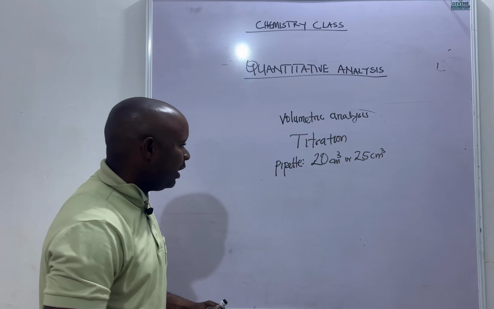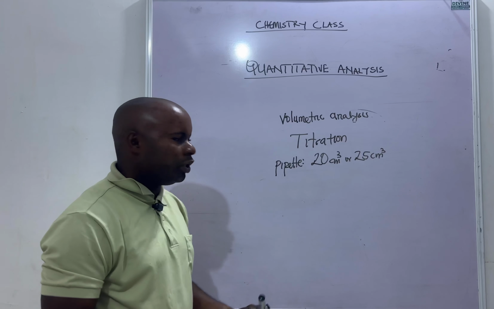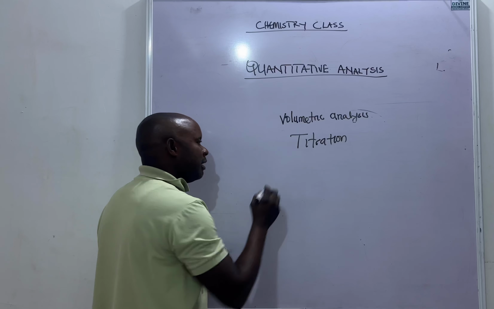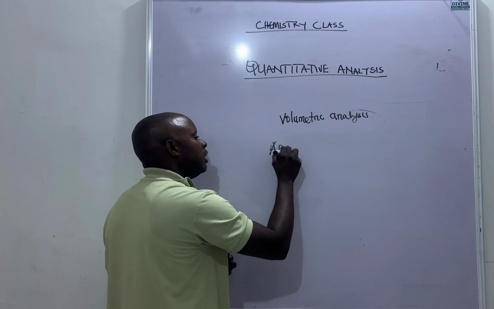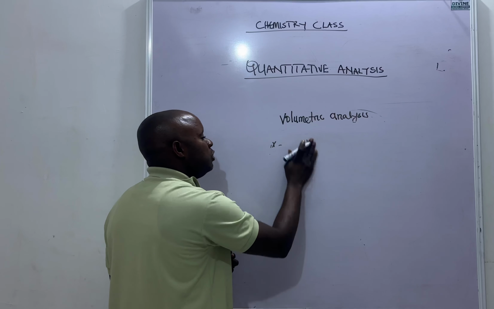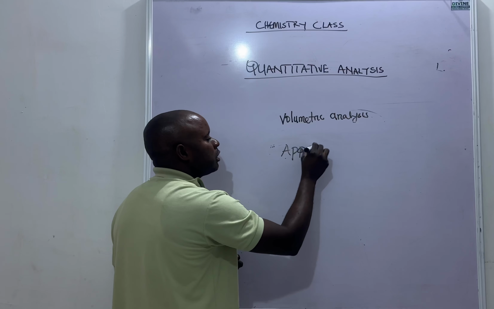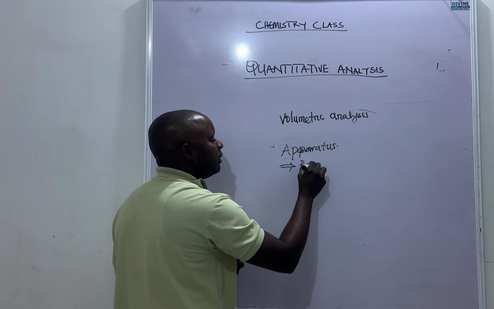So in this aspect, what are the apparatus used in titration? A very good example. Apparatus used: one, we use the beaker.